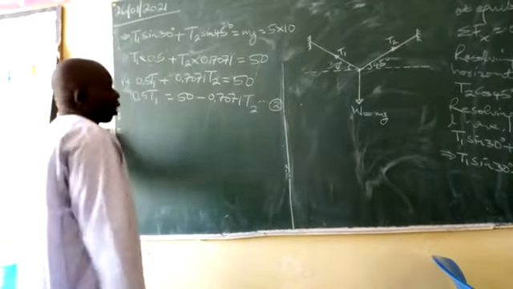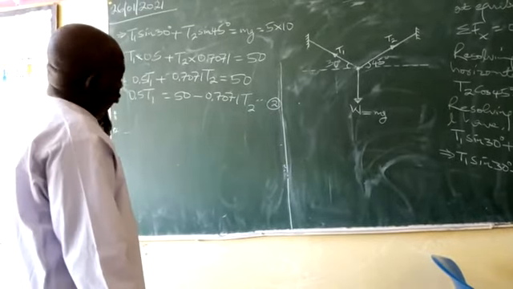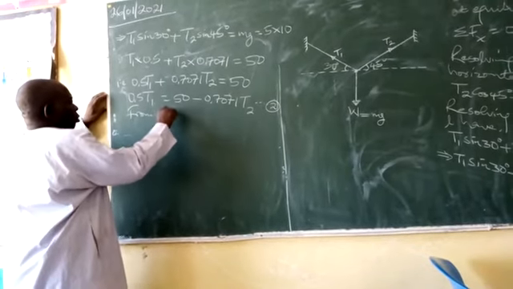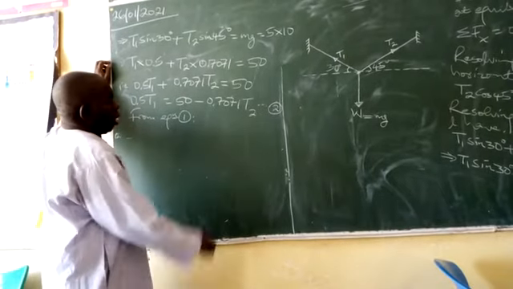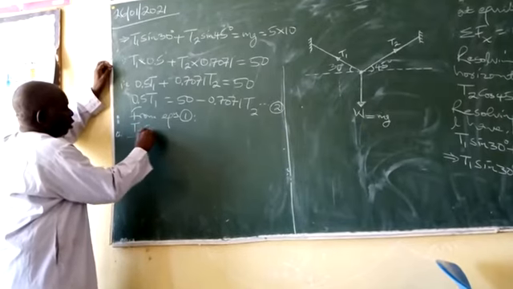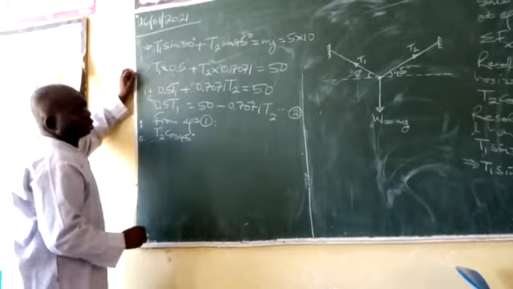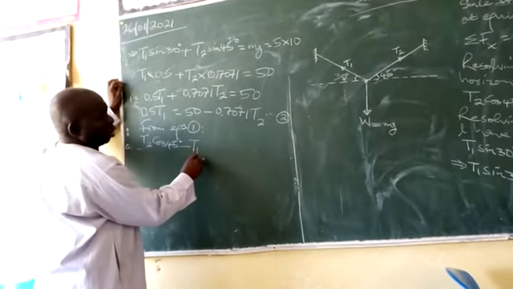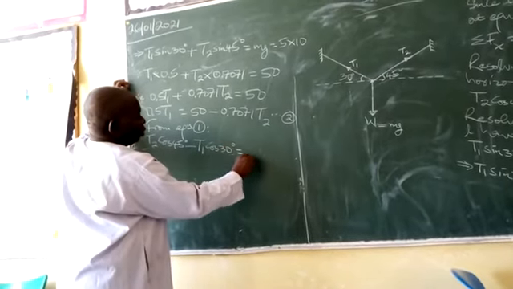Now, from equation 1, I have T2 cos 45 degrees minus T1 cos 30 degrees is equal to 0.